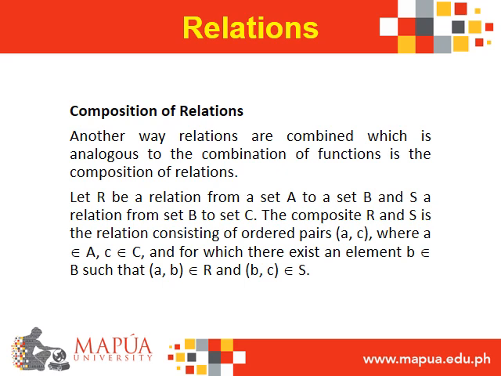If we let R be a relation from set A to set B, and relation S from set B to set C, then the composite of R and S is the relation consisting of the ordered pairs (a, c), where a is an element of set A and c is an element of set C, for which there exists an element b in set B such that (a, b) is in relation R and (b, c) is in relation S.